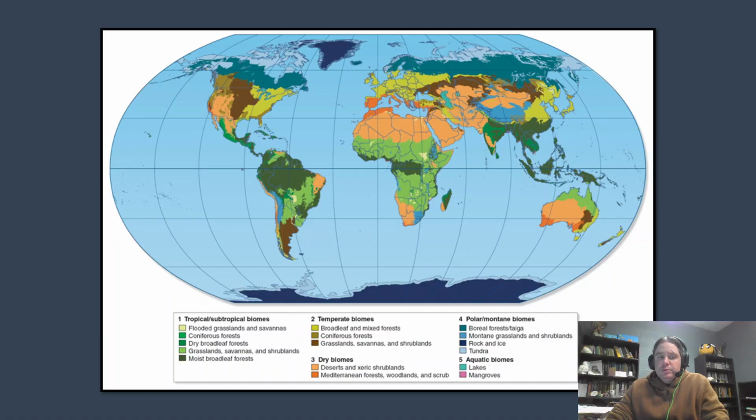Overall, biomes are these large regional averages. And so within any one of these biomes, there are many, many different ecosystems at play. If we just think about West Virginia again for a second, we might generically say something like, oh, we have a lot of broadleaf deciduous and mixed forest. And that's true.